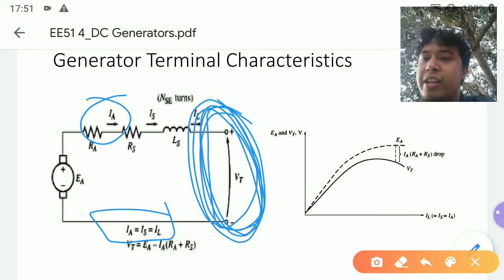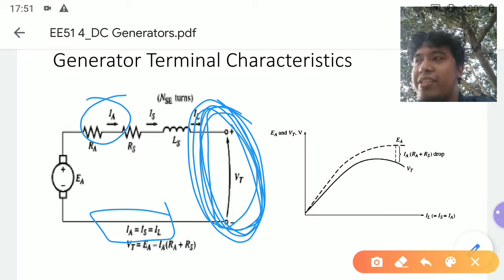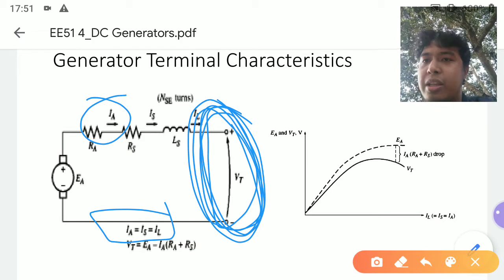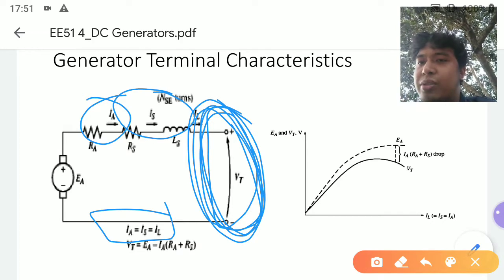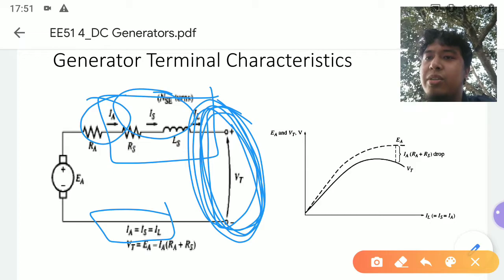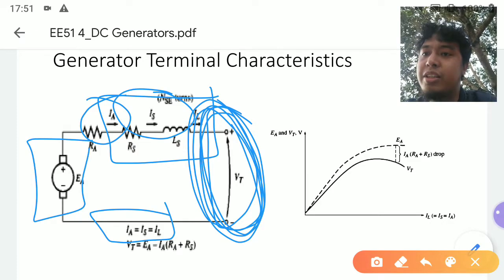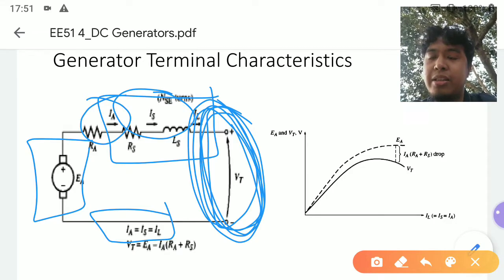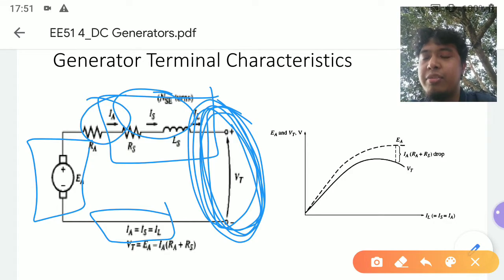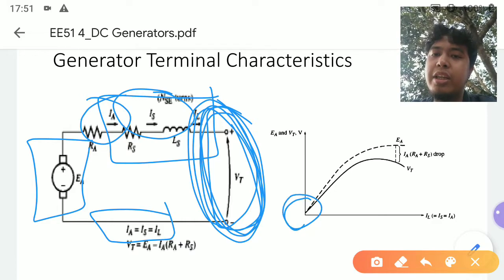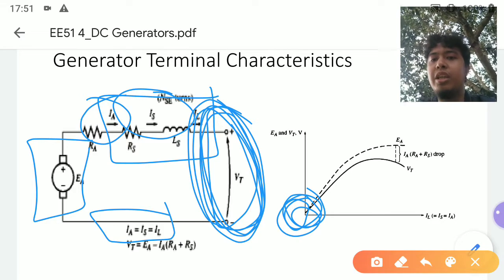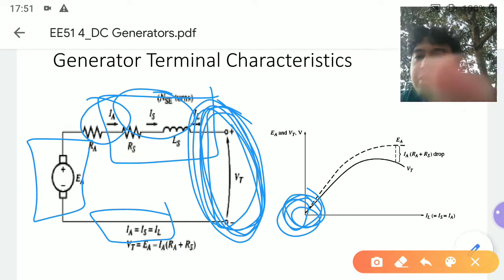Therefore IA is equal to 0 because it's not loaded, and IS is equal to 0. Since IS is equal to 0, you don't have a field, and because you don't have a field, you don't have an EA. So for series generators, unlike shunt and separately excited, if your generator is not loaded, EA is equal to 0 and V terminal is equal to 0.